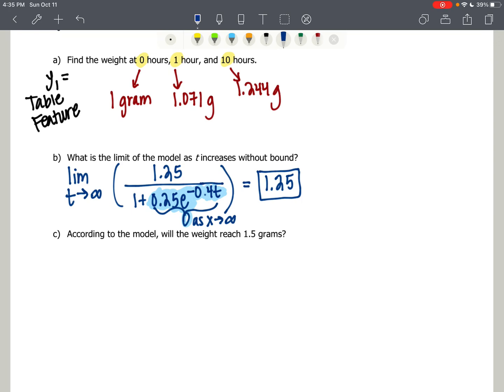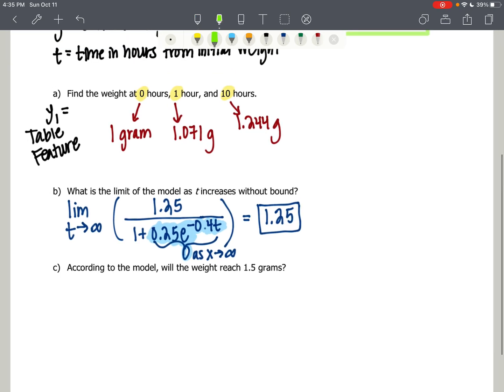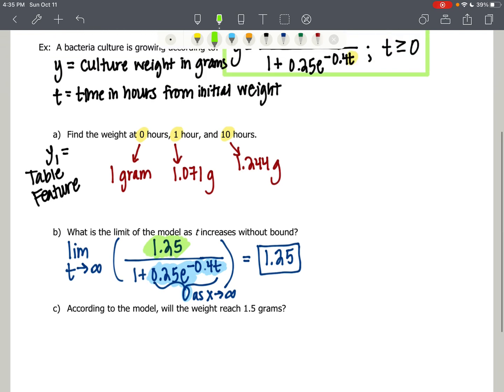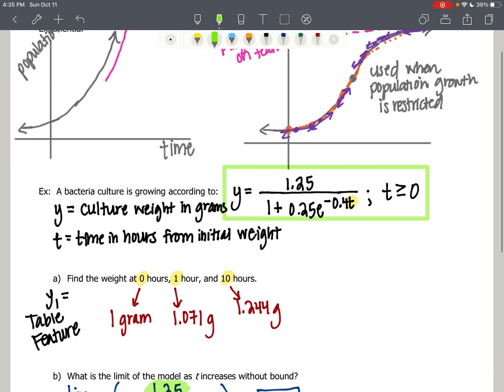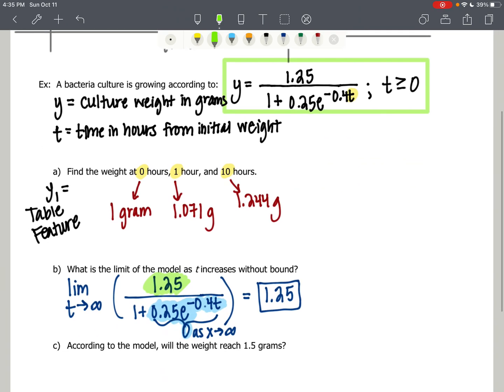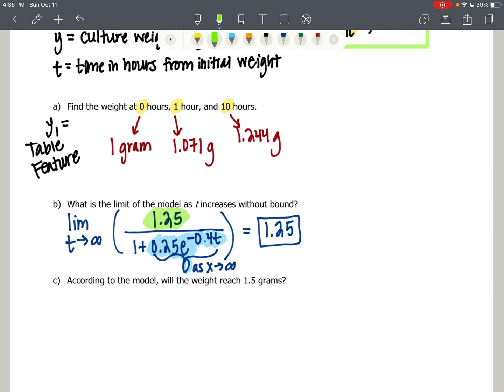Now, according to this model, will the weight reach 1.5 grams? No, it's never going to reach 1.5 grams because that's outside of its restricted growth value. And the growth value is going to go up to only 1.25.